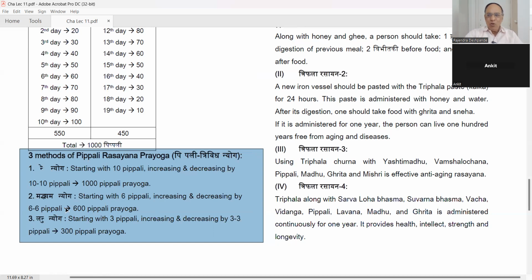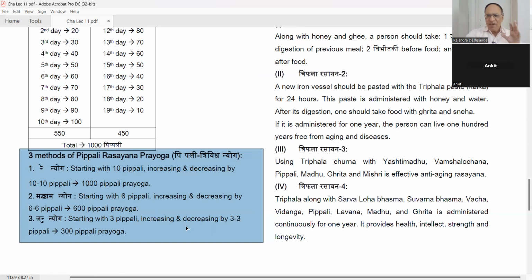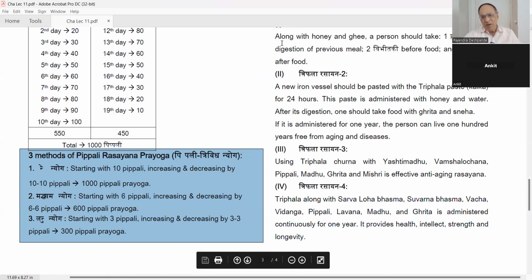Then, Madhyama Yoga, starting with 6 Pippali, increasing and decreasing by 6 up to the 600 Pippali Prayog. Not possible. Then, next is starting with 3 Pippali and increasing and decreasing by 3 Pippali, totally 300 Pippali Prayoga. This somehow I can think is feasible or possible. So accordingly, you have to write it down in the examination.